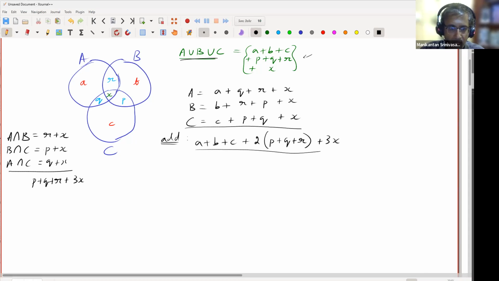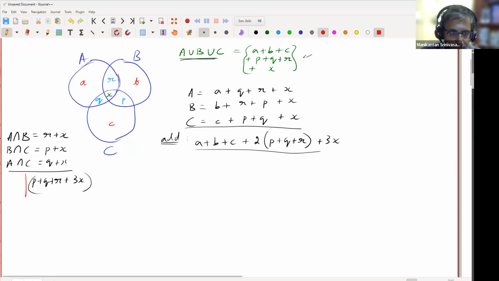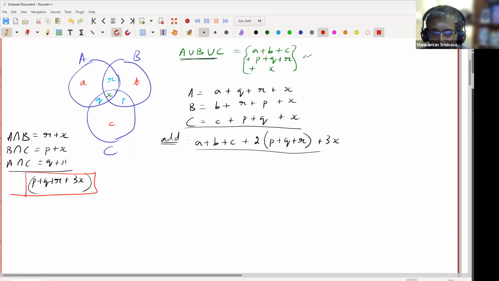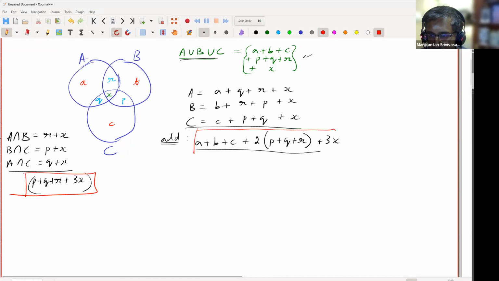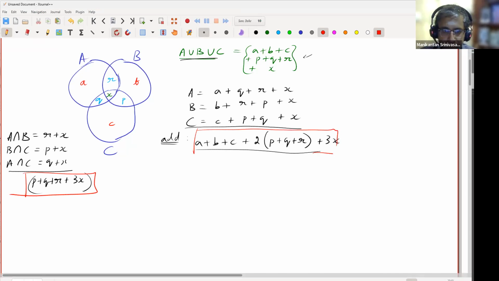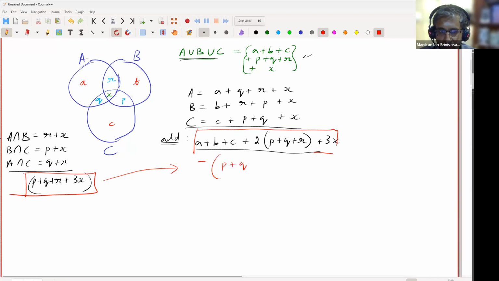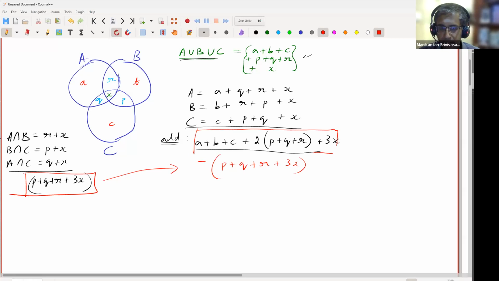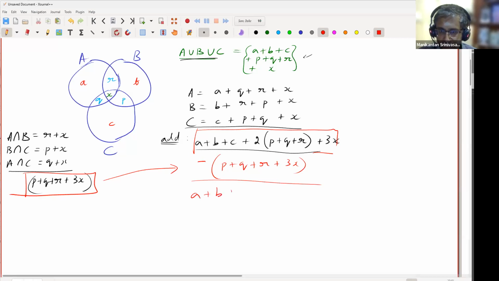Now, if I subtract this quantity, P plus Q plus R plus 3X, which is the double combinations AB, BC, and CA, from this, then I get A plus B plus C plus 1P plus 1Q plus 1R, right?